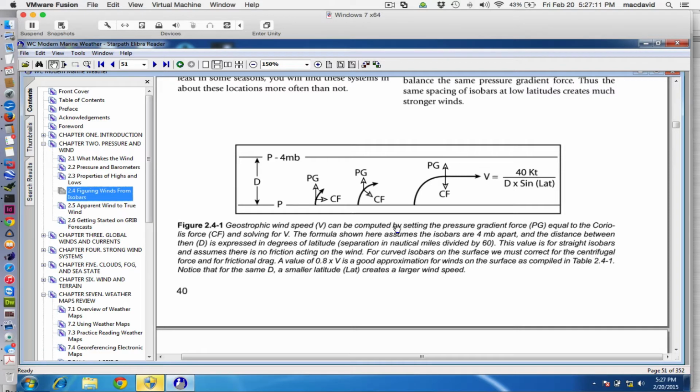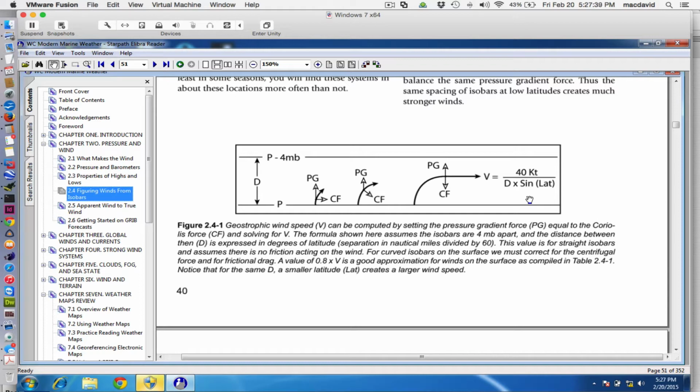When you start putting in the surface friction, you see here we're recommending 0.8. You take that value, this is called the geostrophic wind, and we're taking that value and multiplying it times 0.8. If you look around at textbooks and various nomograms, you will see that that is actually a little bit higher than the normal recommendation, which could be as low as 0.6.